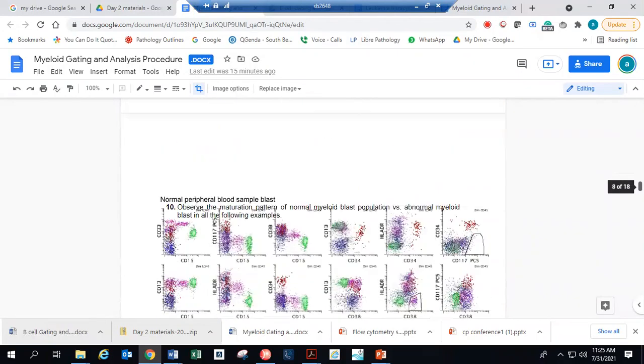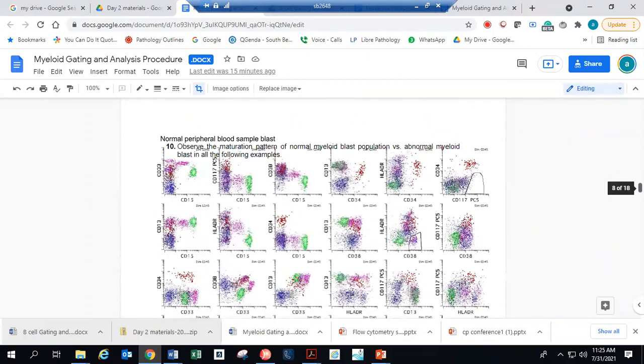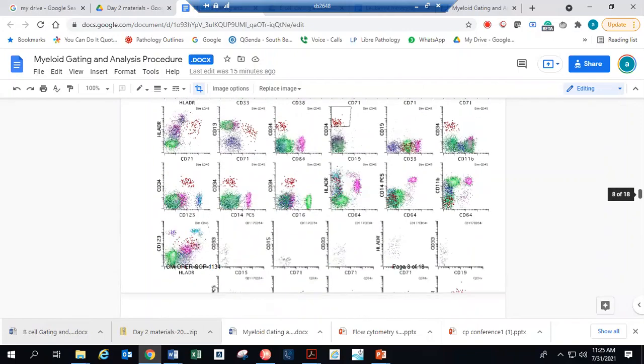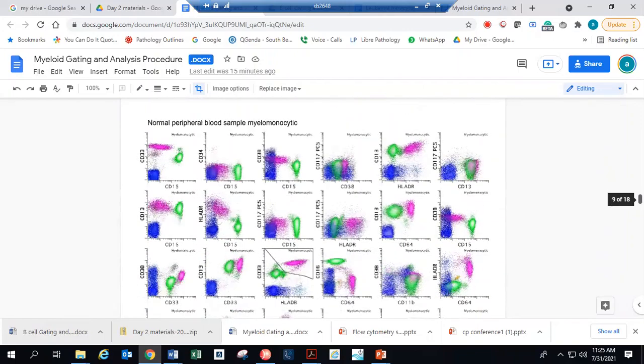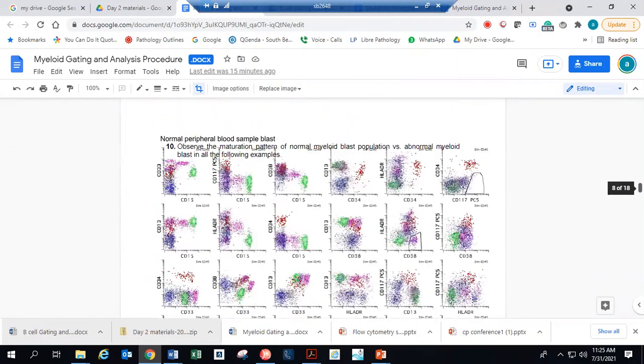Okay, thank you. All right. So this is your normal peripheral blood sample blast, they're saying. Let me skip this and go into myelomonocytic. Actually, let's not skip. So they are showing the normal blasts versus abnormal blasts.